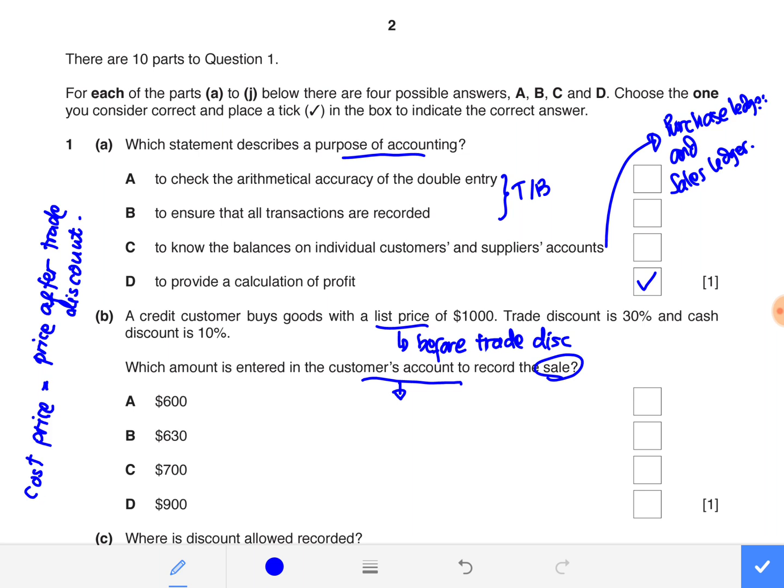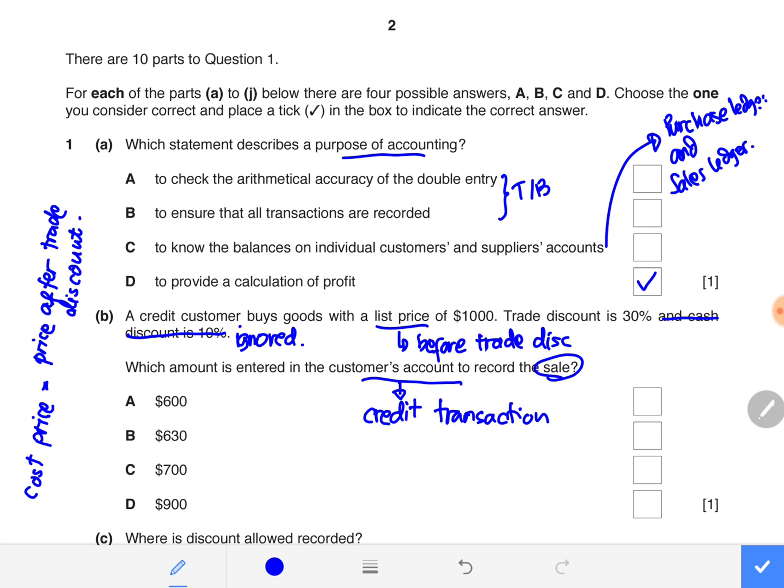Since it says customer's account, there is no payment made yet. That's the clue, so the cash discount must be ignored.